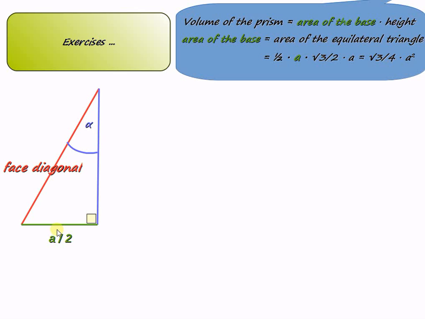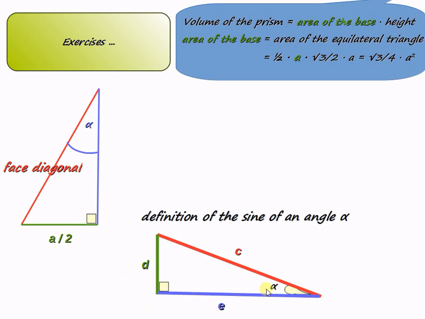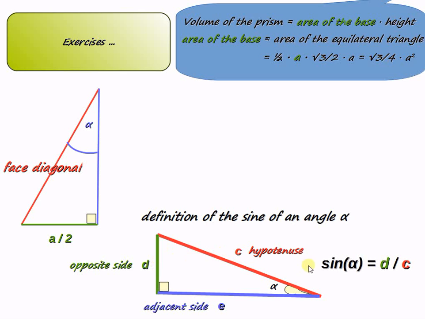And actually we can do it quite easily if we remember the right angle definition of the sine of an acute angle alpha. Let's say we have a right triangle with an acute angle alpha, hypotenuse C, opposite leg D, and adjacent side E. Then sine of alpha is equal to D over C. This means sine alpha is equal to the length of the opposite side over the length of the hypotenuse.